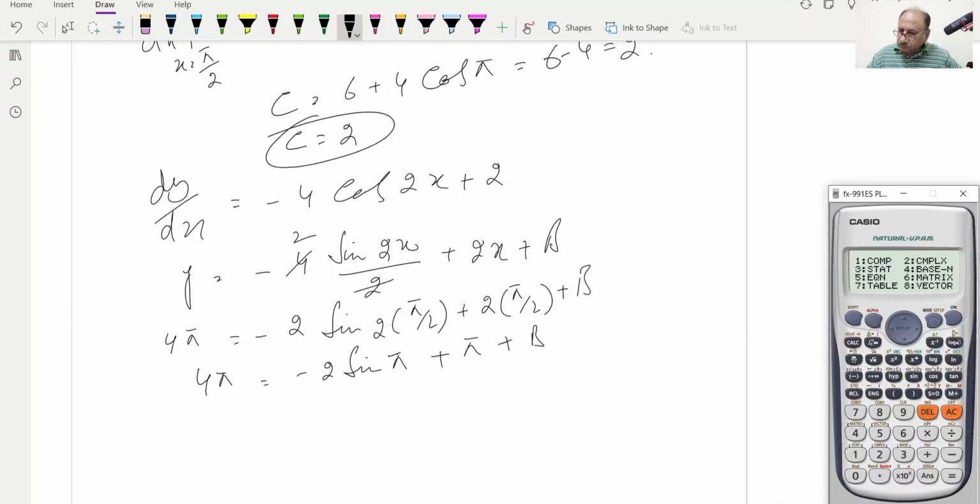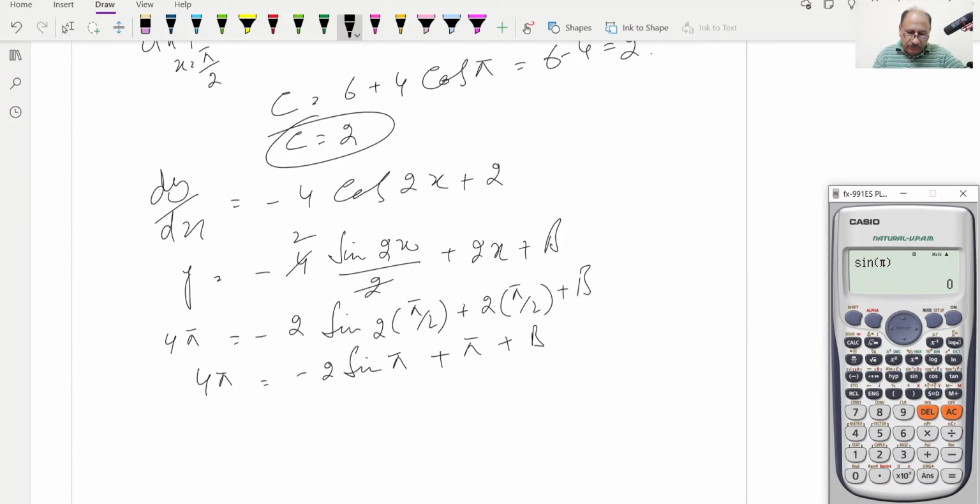On the calculator, sine of pi is in degree mode, so we'll shift the mode to radian, and this will be equal to 0.